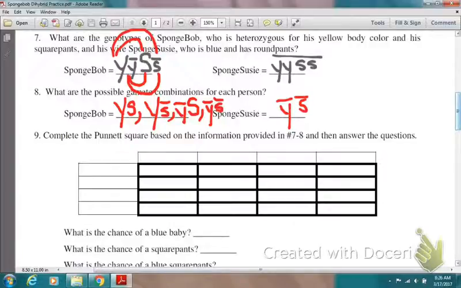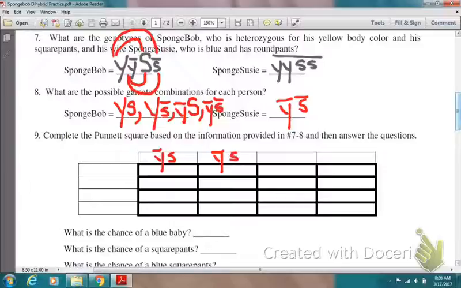Now, when you're doing this dihybrid cross, you have to put each of these gametes in a box and then carry them across or down, just like we did in the monohybrid cross that we did. So let me show you what I mean. We'll do her first, since that's the easy one.